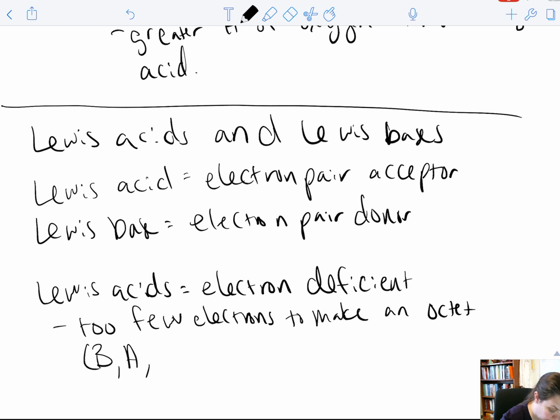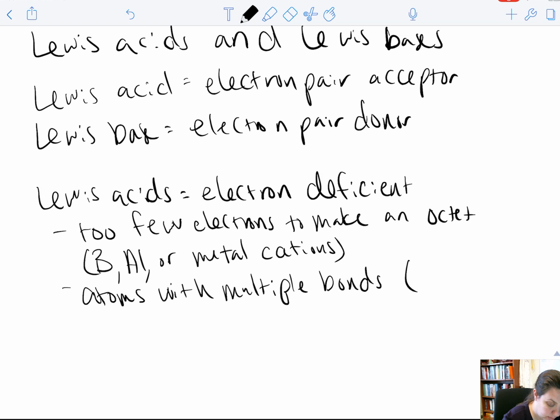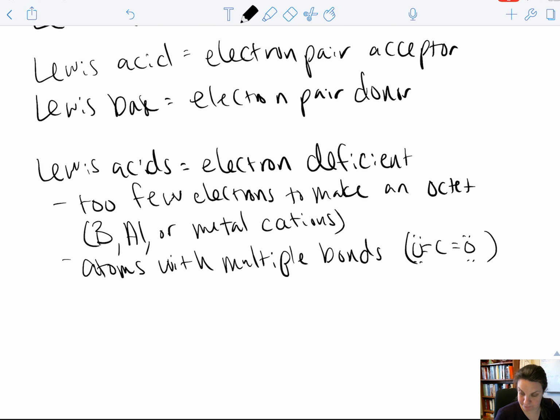Examples of this would be boron, aluminum, or metal cations, or atoms with multiple bonds, such as CO2. Okay? So these are things where we've got an atom that doesn't have enough electrons.